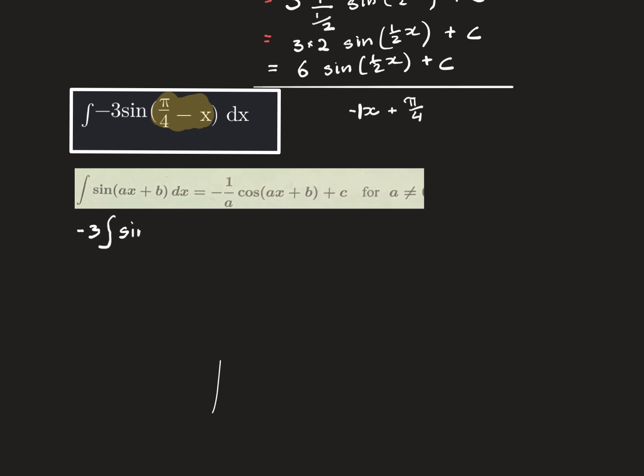So just rewriting this down one more time, we'll have minus 3, integral again, this time it is sine, and pi on 4 minus x. Now we can actually integrate properly.